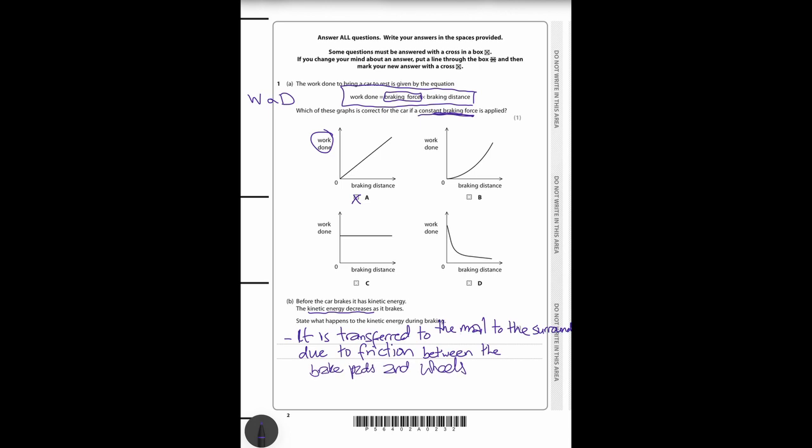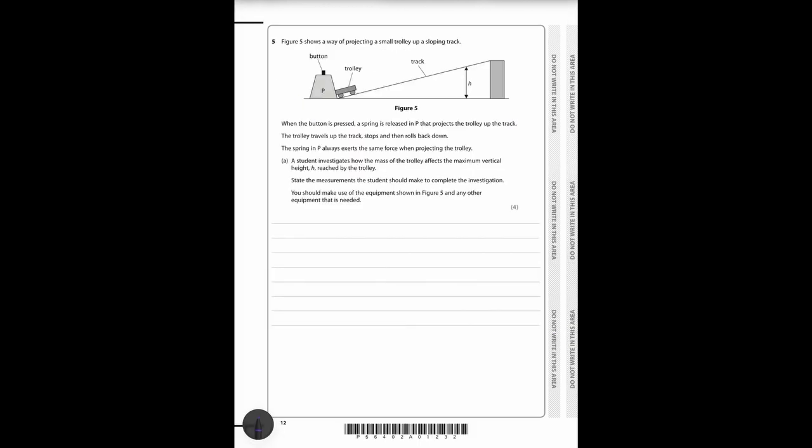So it's always the same thing. I'm looking for an excuse to say all this stuff here. So, transferred to surroundings as thermal. Where's thermal? Oh, there it is. Due to friction, and then I'm going to say what the friction is between. I'm happy that one's right now.